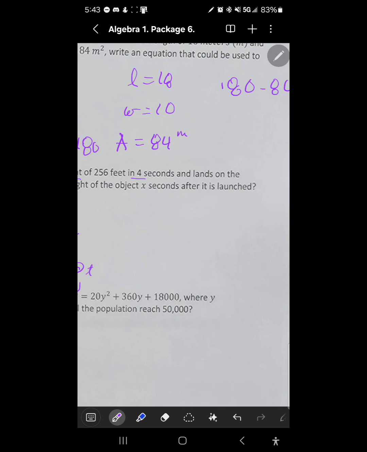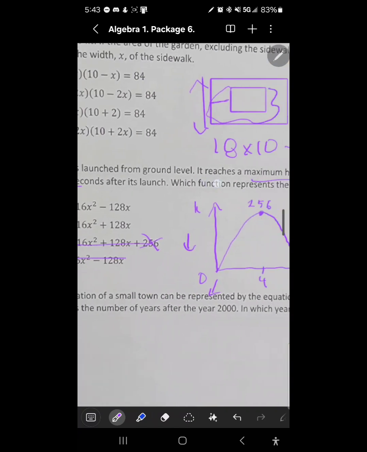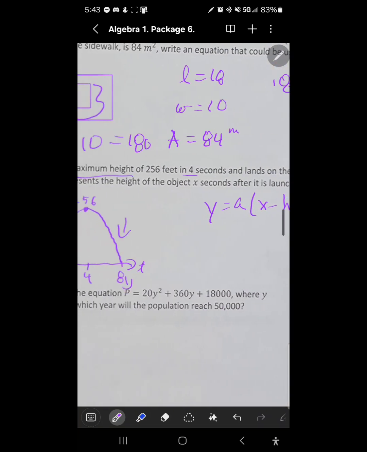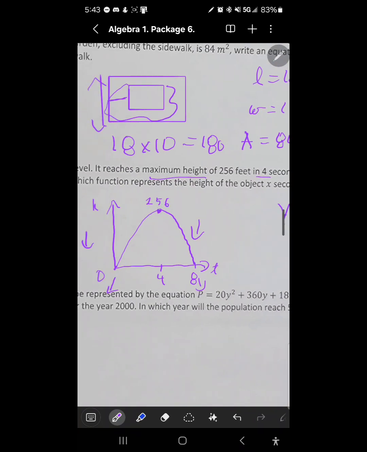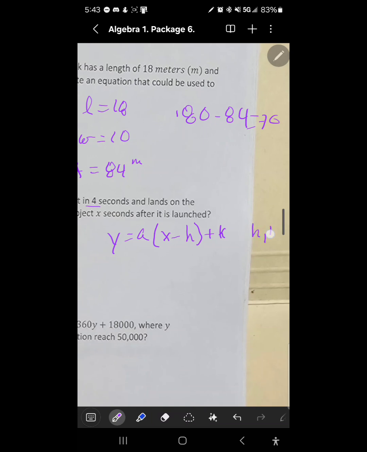So the vertex formula is y equals a times x minus h squared, if I'm not mistaken, plus k, where the vertex is the highest point or the lowest point. Basically, it is the curve, you know, this part, or in a positive one it will be this part. It is h comma k.